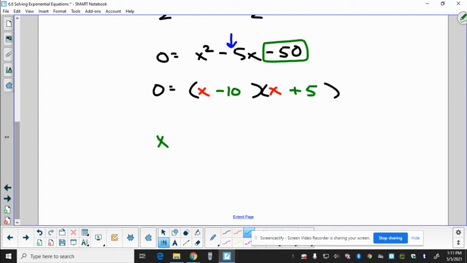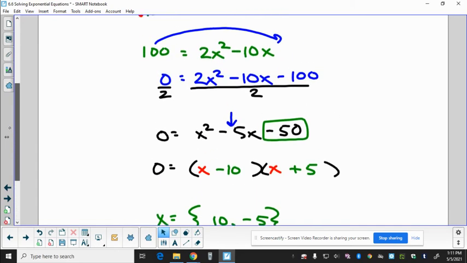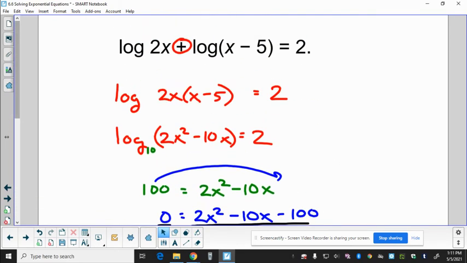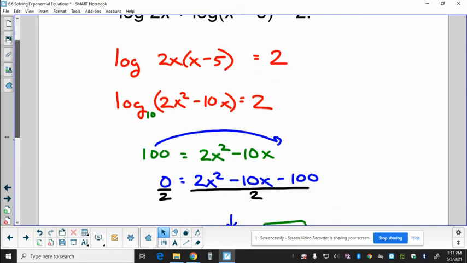So knowing the zero product property, we have two answers, 10 and negative 5. The question is, do they actually represent answers? Let's take this 10 first of all. Go back to the original problem. Now let's see. If I put a 10 in here, let me just superimpose it. So we'll put a 10 here. That would be okay. And put a 10 here. Yes, that would be all right. So 10 is an answer.